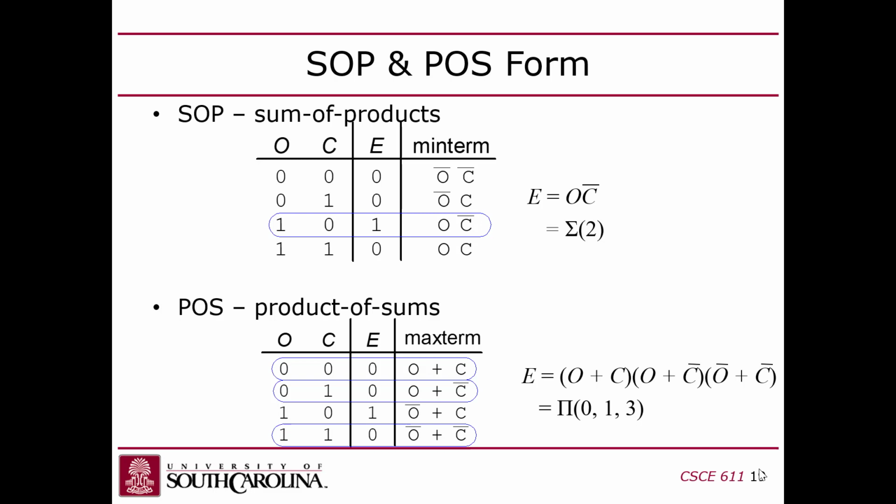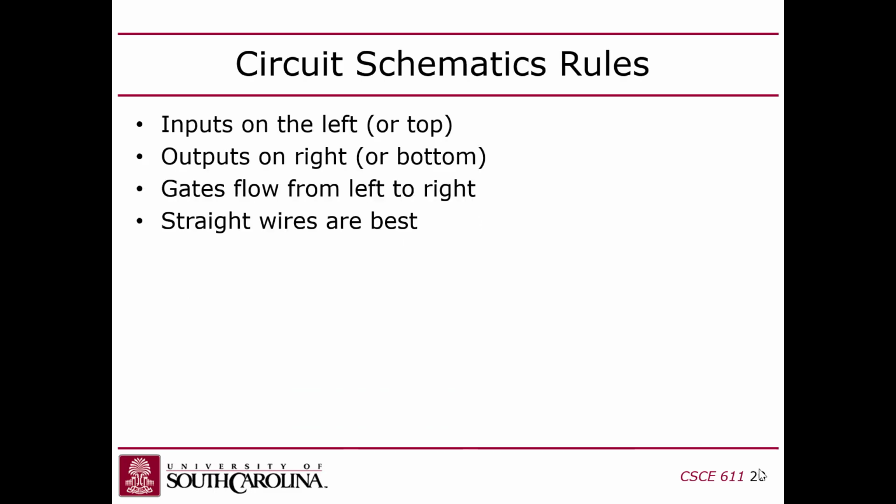And this is where it's a little confusing because we have to negate the individual inputs. So in this case, we have a 0, 0, so we have O or C. A 0, 1 is going to be O or not C, right? And a 1, 1 is going to be not O or not C. Okay. Any questions about that?